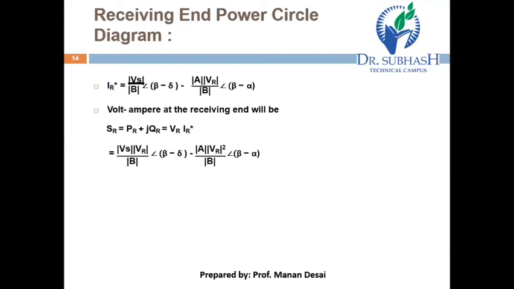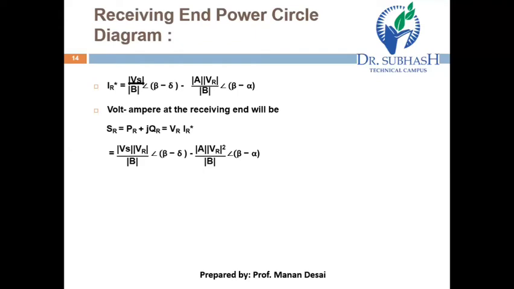Now volt ampere, VA at the receiving end, will be SR is equal to PR plus jQR. So it is VR IR. VA means volt ampere received at a load center.